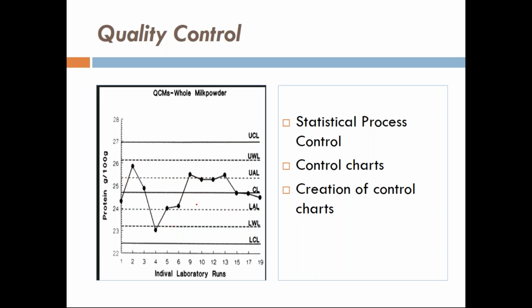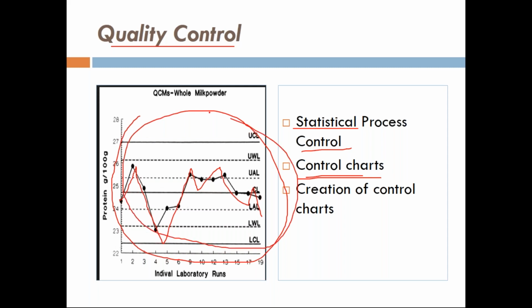For doing this, they use quality control, statistical process control. They will use these control charts and take the chart from the system. So how to create this control chart? How to develop it from the system? You need to understand what data needs to be maintained and what settings you have to maintain in the system.